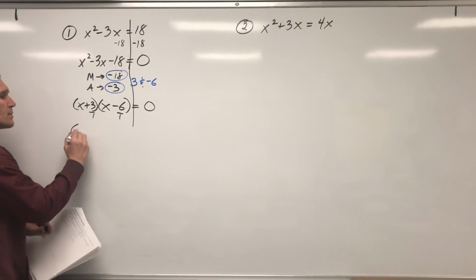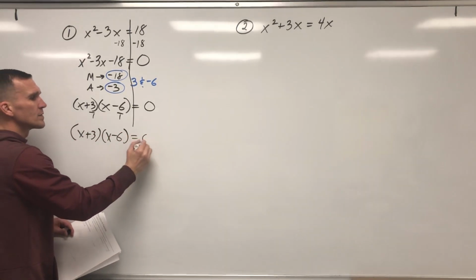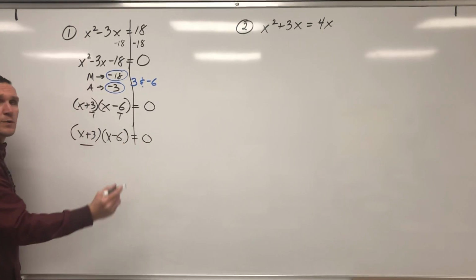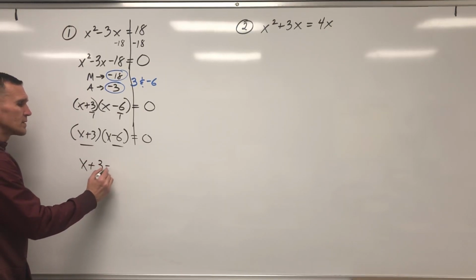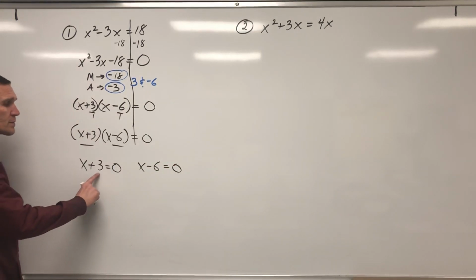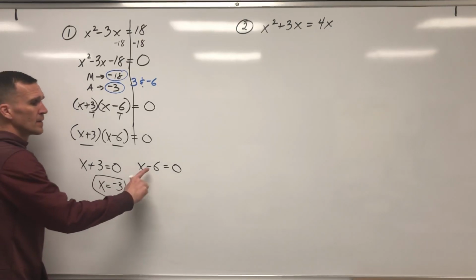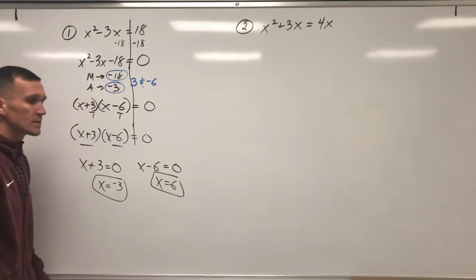So now that becomes x plus 3 times x minus 6 is equal to 0. And I can do my zero product rule. Front equals 0, back equals 0. When I take x plus 3 equal to 0 and x minus 6 equals 0, I get 2 solutions. Minus 3, answer is negative 3. Add 6, answer is positive 6.